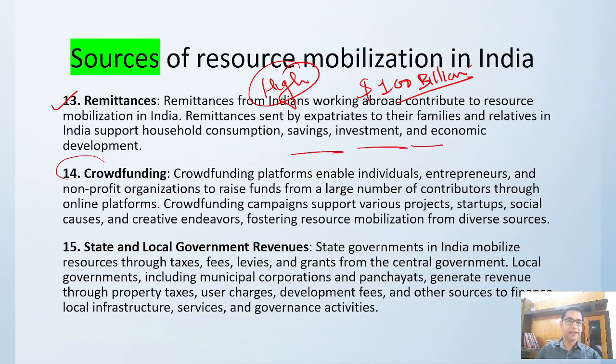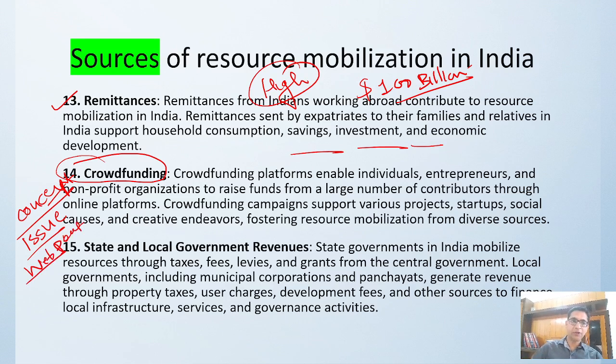And then crowdfunding is one of the ways of getting resources. If you have a certain issue or concept, you can generate crowdfunding sources. You can create a web portal and explain the concept over it.